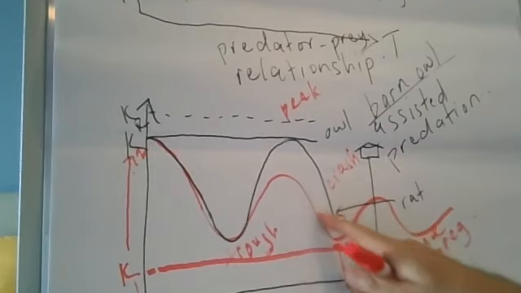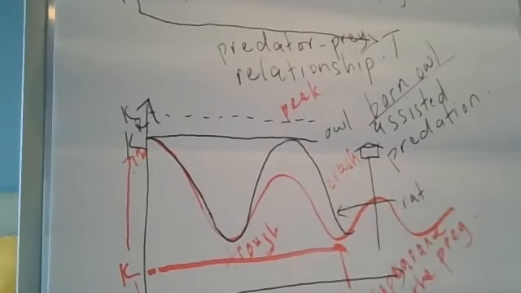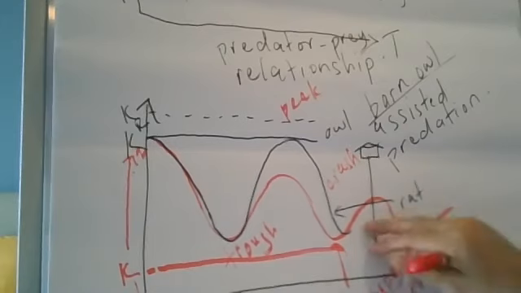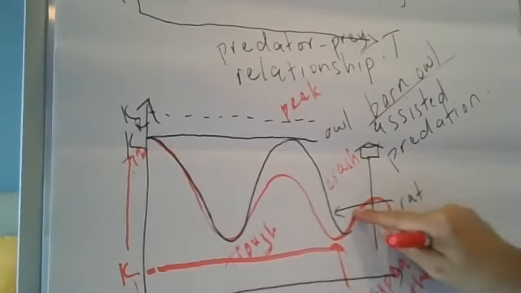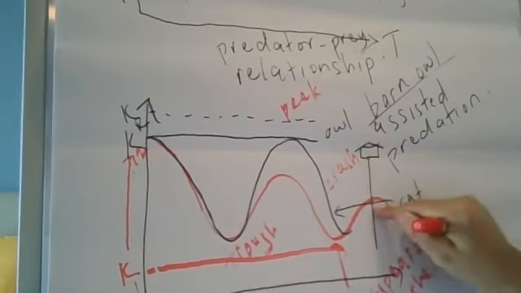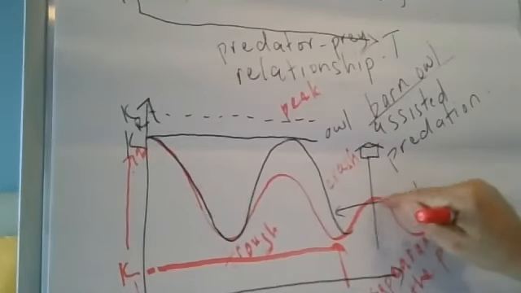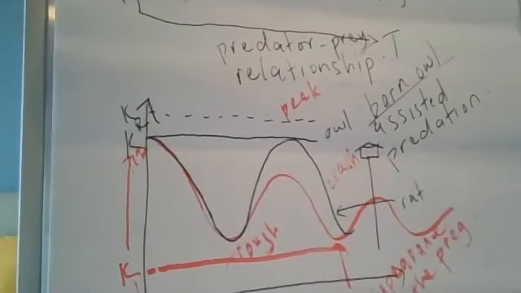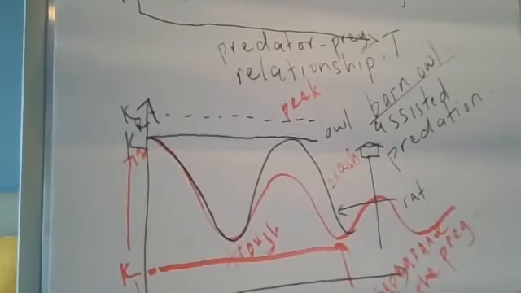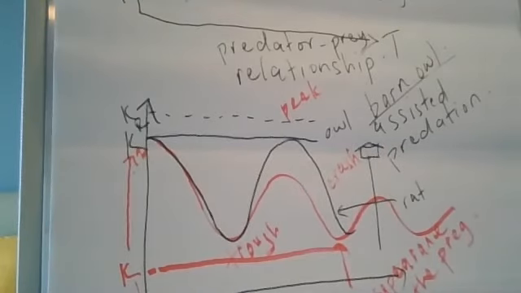So it allows the prey to recover, but not to the size of the previous peak. So it may bring down the rat population to perhaps even 10% of its original population size.